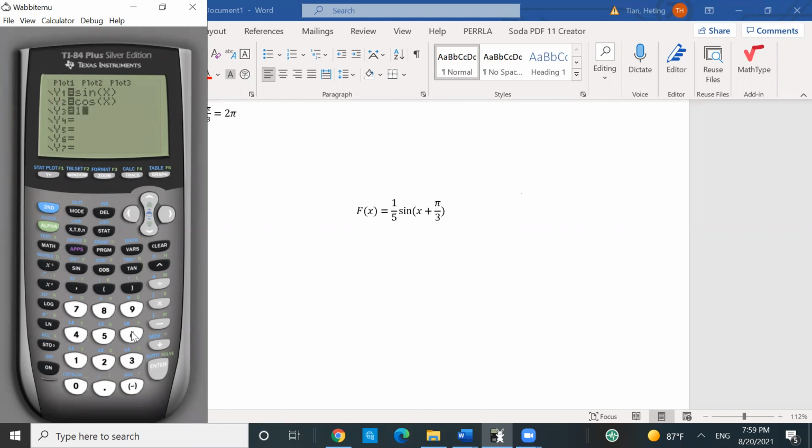So 1/5 times sine, this is x plus pi over 3. Click x plus pi, 2nd exponent sign, over 3. Close the parentheses and hit graph.